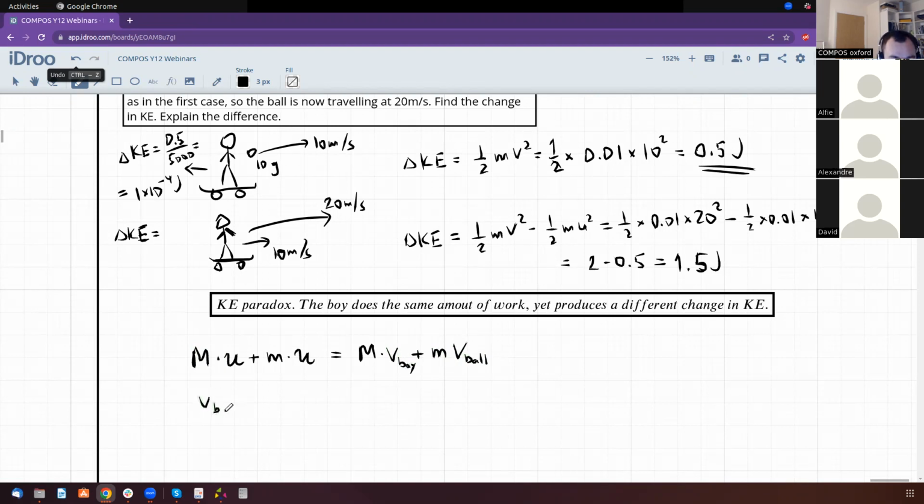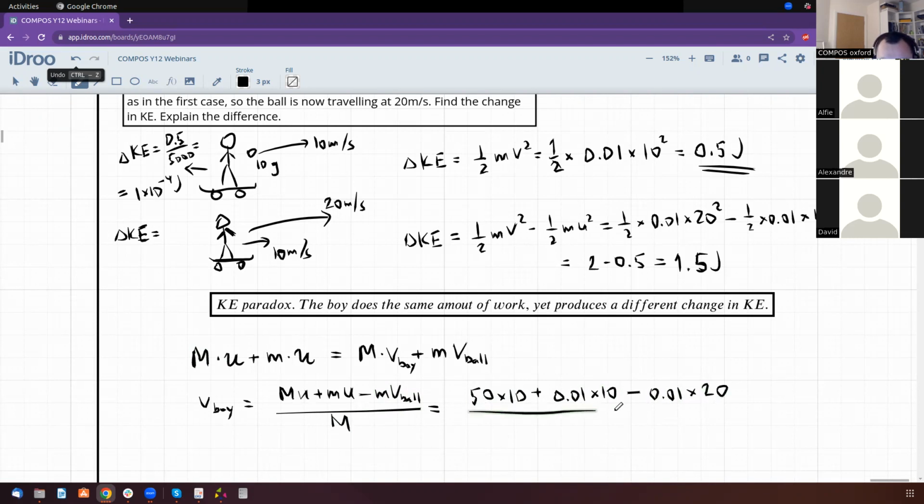So velocity of the boy is equal to Mu plus mu minus m times velocity of the ball, divided by mass of the boy. So let's have a look. M is 50 times 10 plus 0.01 times 10 minus m, which is 0.01 times 20, divided by M, which is 50.